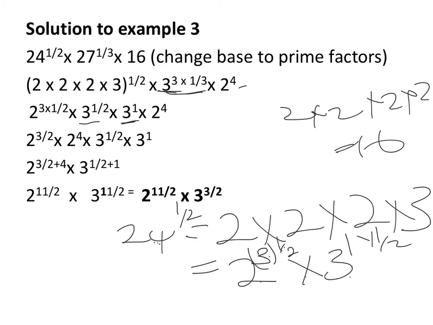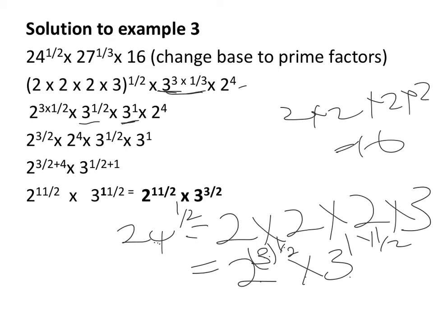2 raised to power 3 over 2 times 2 raised to power 4 times 3 raised to power 1 over 2 times 3 raised to power 1. So you collect like terms. You bring the numbers with the same bases together, and then you add up the powers.